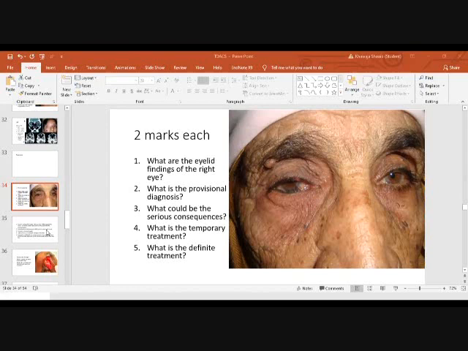Good. So the most definite and proven effective treatment is the lateral tarsal strip. The lateral tarsal strip addresses the horizontal lid laxity. What else do you require? There is an element of vertical lid instability. How will you correct that?